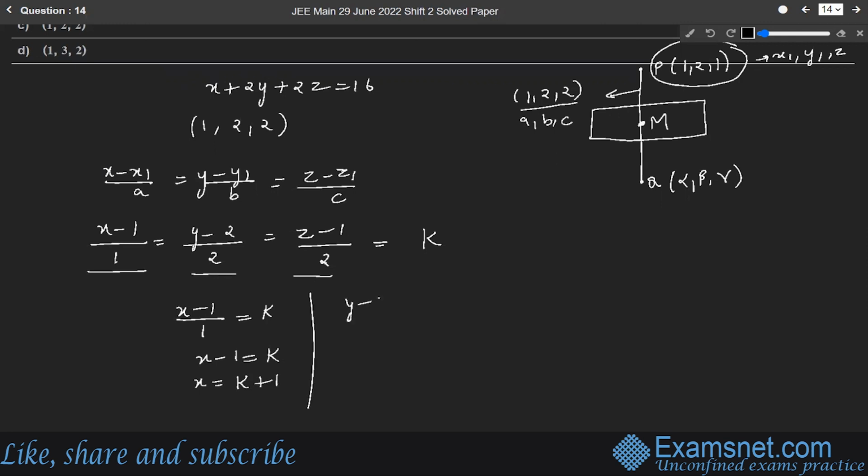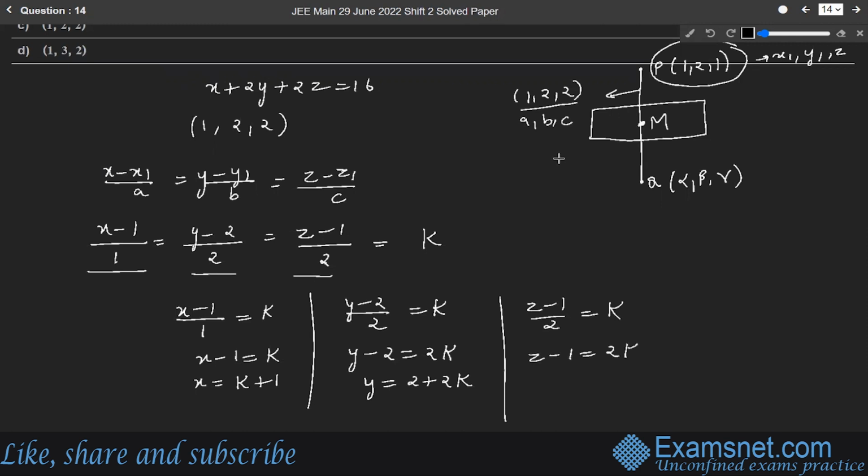Similarly, when (y - 2)/2 = k, after cross multiplying, y - 2 = 2k, so y = 2 + 2k. Similarly, when (z - 1)/2 = k, z - 1 = 2k on cross multiplying, so z = 1 + 2k.